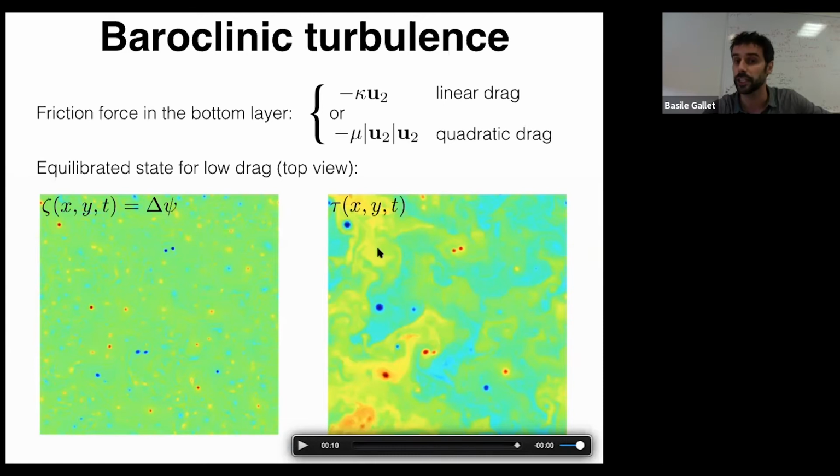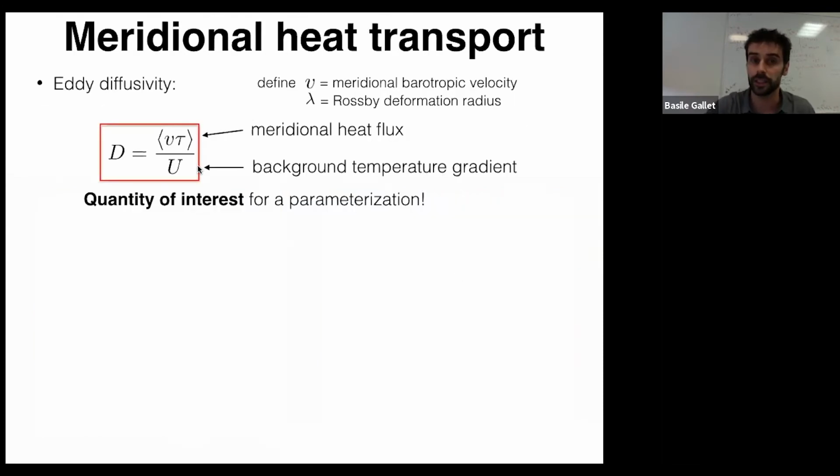So there is a correlation between the y component of the velocity field and the temperature field, which means that there is a net meridional heat flux, V times tau, meridional velocity times temperature, in the system. This is exactly the quantity that we would like to know if we're to deduce a parameterization. That's the quantity of interest.